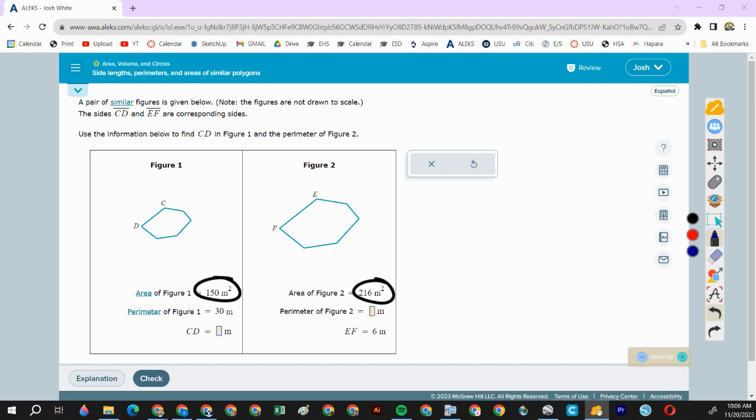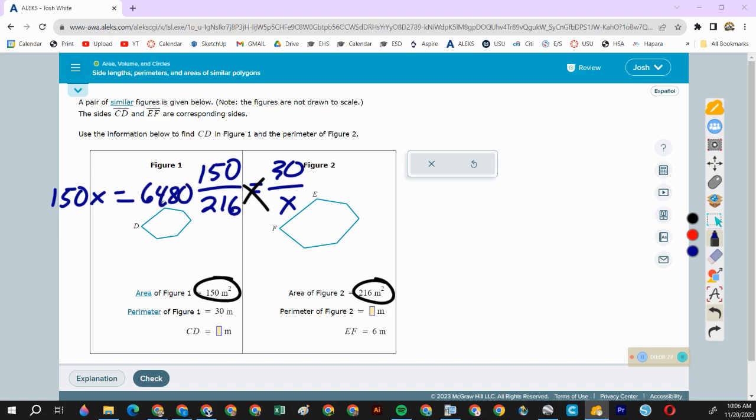Okay. So these are proportional, right? So 150 over 216 is equivalent to 30 over x. So 150x equals 6480.